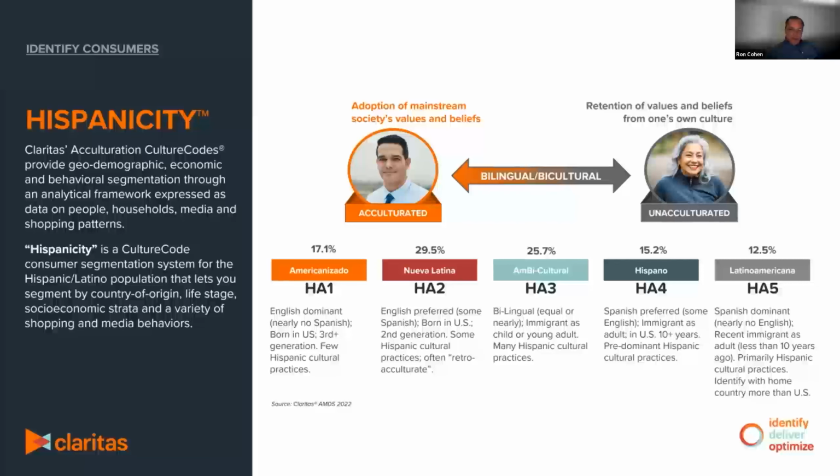You either acculturate into it from the right side of the spectrum, or you retro-acculturate into it from the left side of the spectrum. So although it's not the largest, HA2 is the largest, it is the fastest growing segment. The trend is absolutely towards biculturalism and bilingualism. And we'll see as we look at some of the behaviors and the lifestyles, what significance that has going forward.